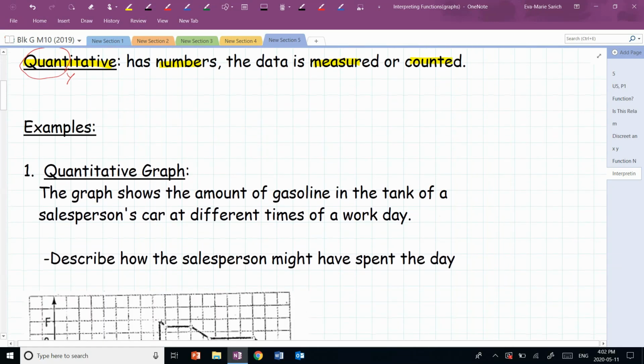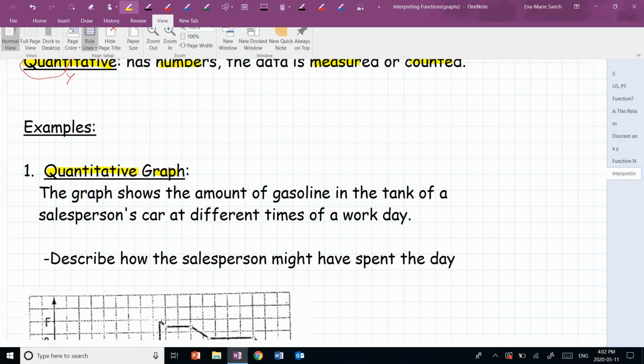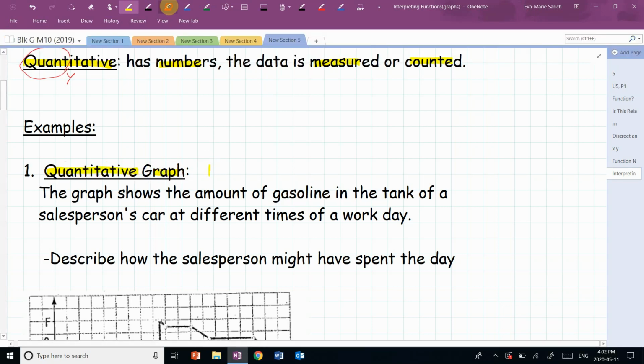The first example is a quantitative graph, right? So this one is going to have numbers, right, on the axis. So this is a graph that shows the amount of gasoline in a tank of a salesperson's car at different times of the day.